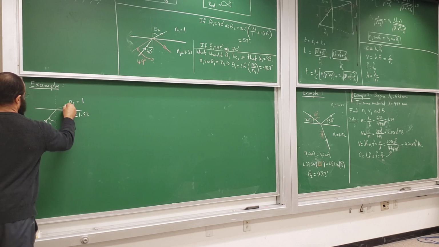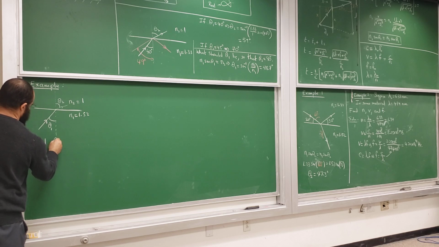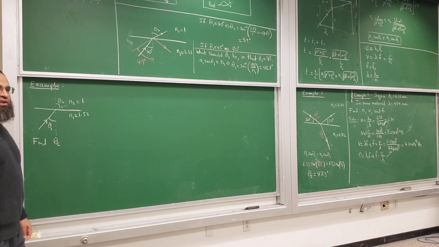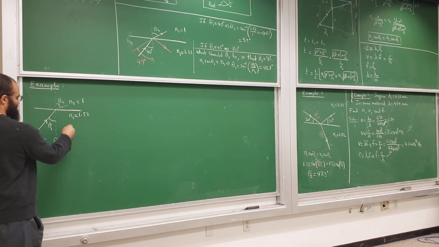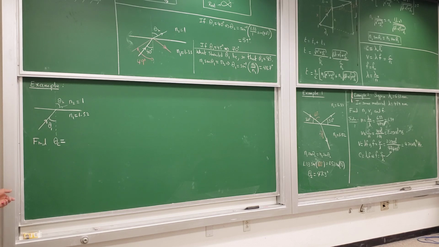What is the critical angle, theta C? Can you guys find the critical angle? Very similar to what we did. Let's find the critical angle for this glass. You will have sine inverse of 1 over 1.52. What would it be in degrees?